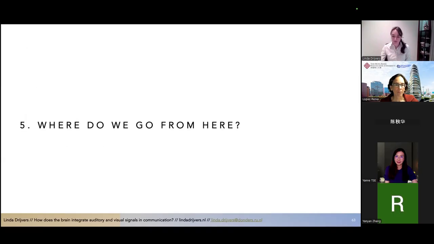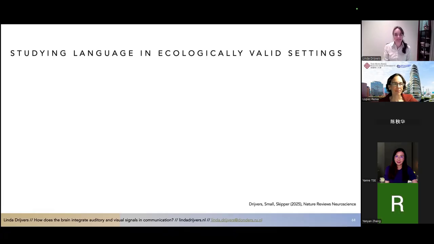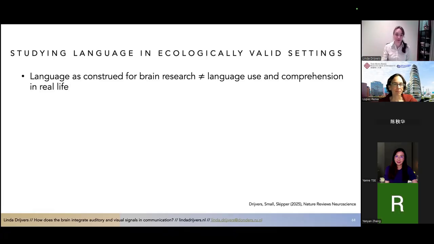Now, I'm going to skip a couple of slides and say, where do we go from here? We need to study language in more ecologically valid settings, especially in research on the cognitive neuroscience of language. Language as construed for brain research doesn't seem to be how we use and comprehend language in daily life.